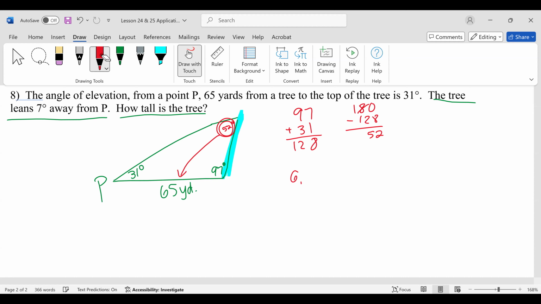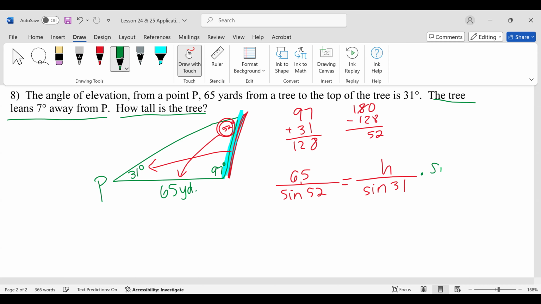So I'll do 65 yards over sine of 52 equals this height that I want to know, the height of the tree. Across from that is this angle 31. So sine of 31. And then you solve for the height. So I'm going to multiply both sides by sine 31.